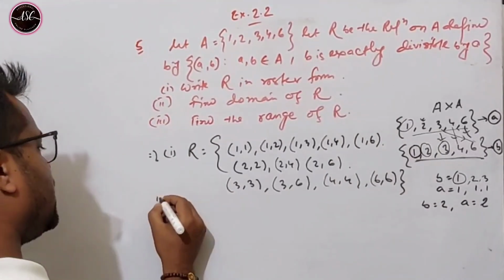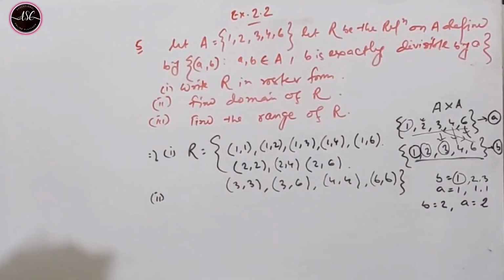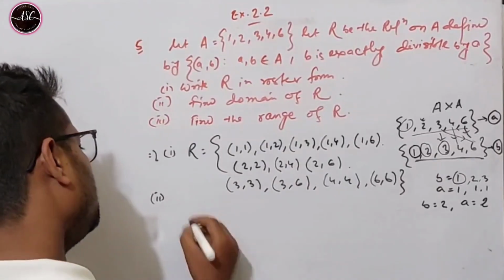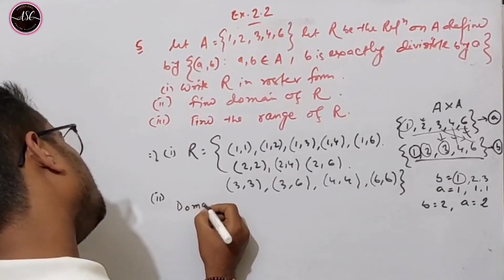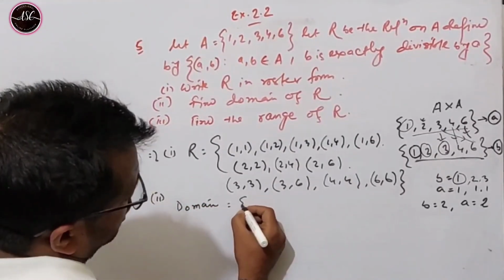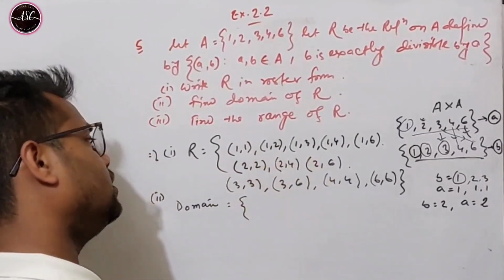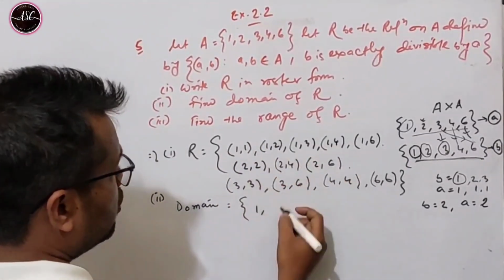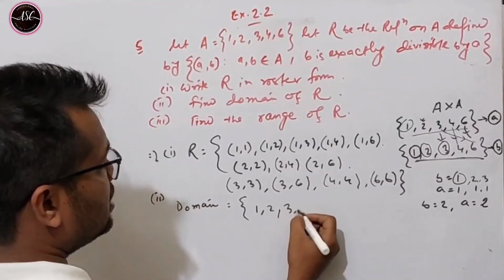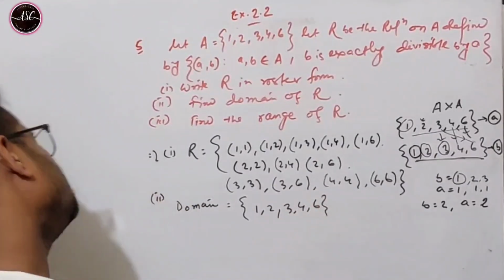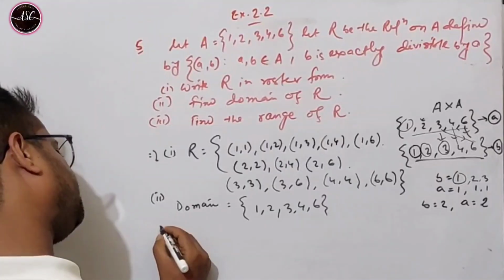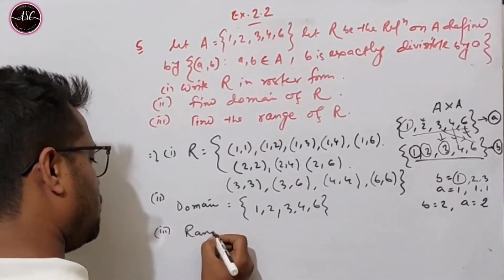Okay, now second, find the domain of R. Domain means the set of all first elements of the ordered pairs in relation R. So here 1 exists, 2 exists, 3 exists, 4 exists and 6 exists. Now third, the range. What will be the range?